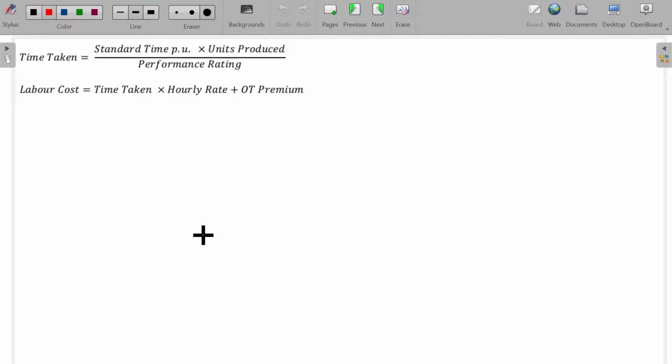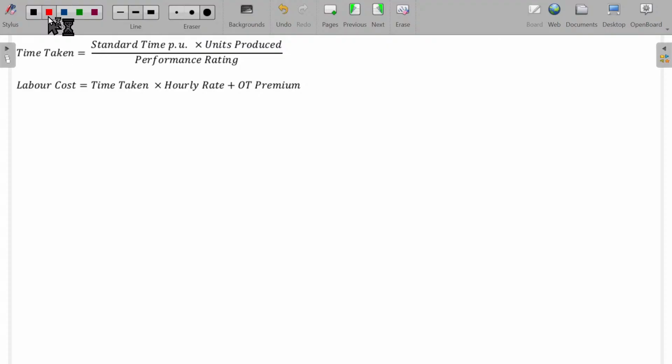Now, in case of labor, you have to understand this one. Performance rating. Suppose time allowed is 10 hours and time taken is 10 hours. What does it mean?